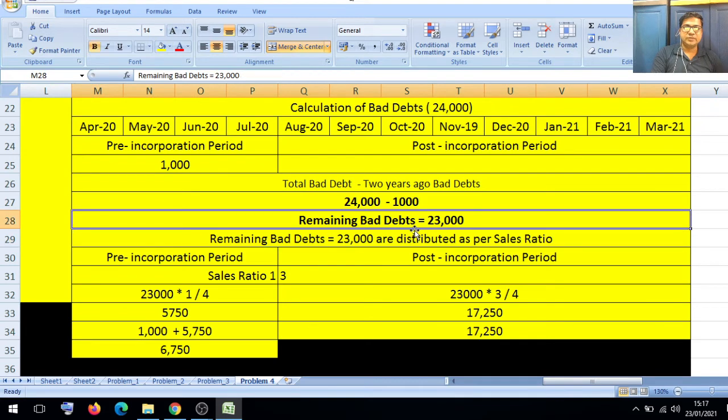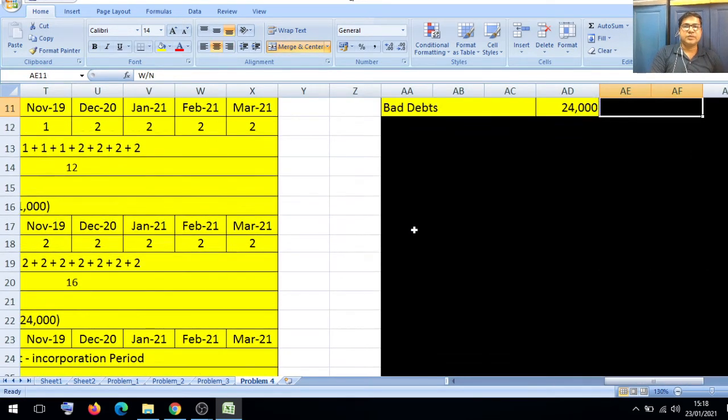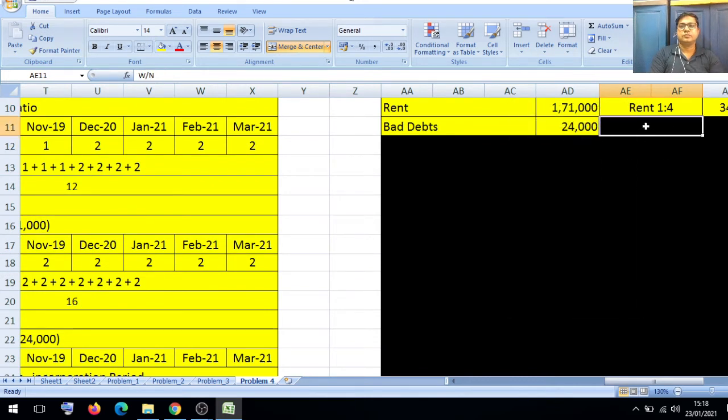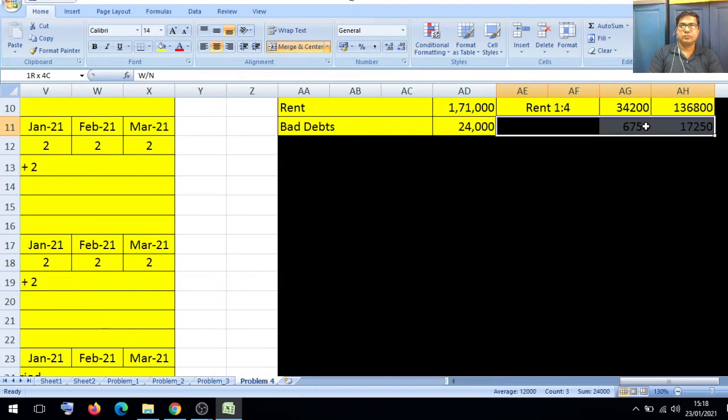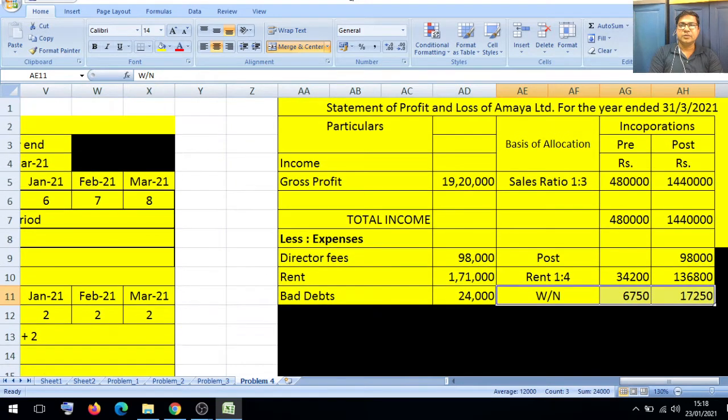We will write these bad debts in our statement. As per the working note, we write here allocation: pre-incorporation period 6,750, post-incorporation period 17,250.